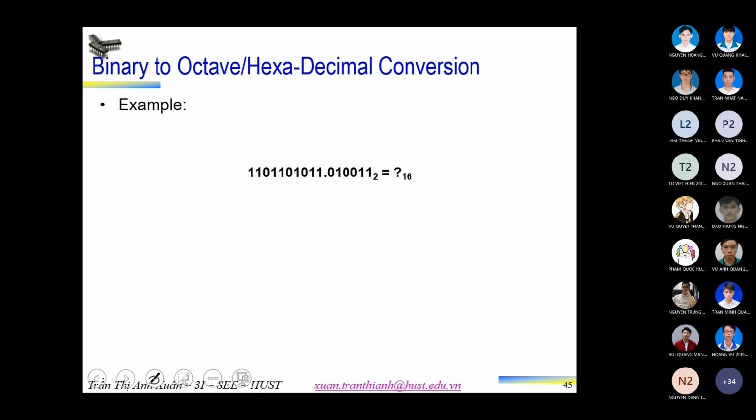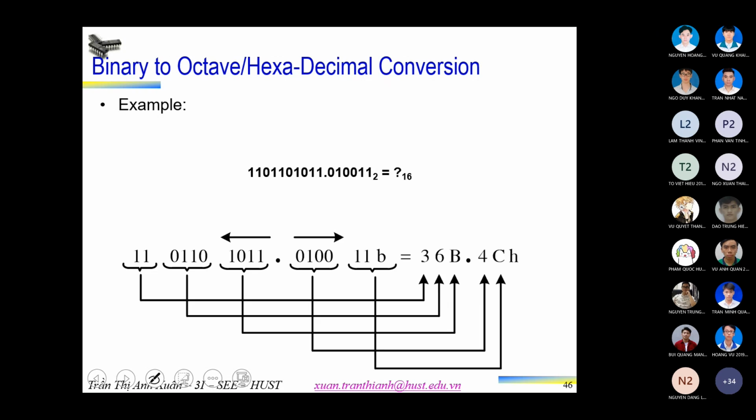Corresponding to the example for the binary to hexadecimal conversion, we group binary digits, and each group we can replace by one hexadecimal digit.